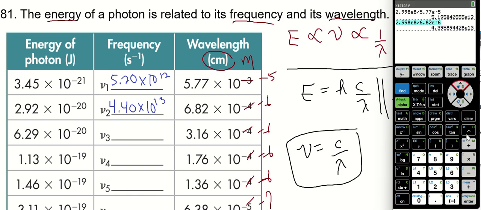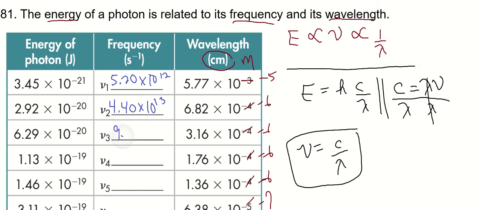Copy. Replace the wavelength. 3.16. That one's also times 10 to the -6, so we're good. So that's 9.49 times 10 to the 13.